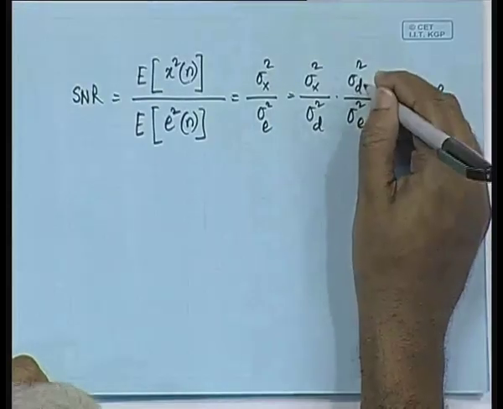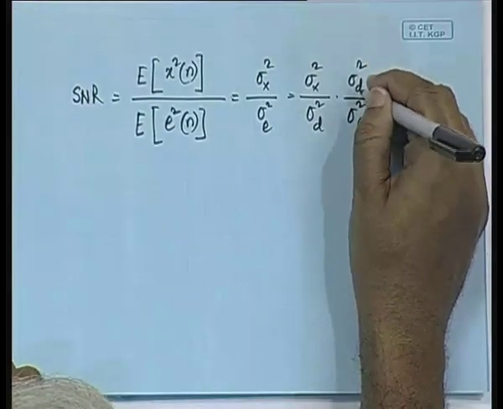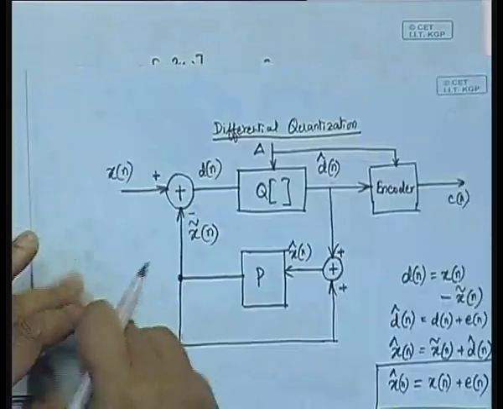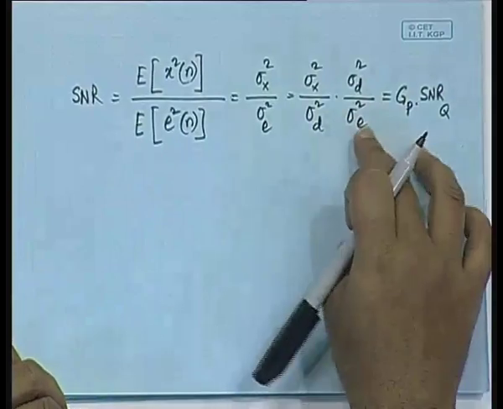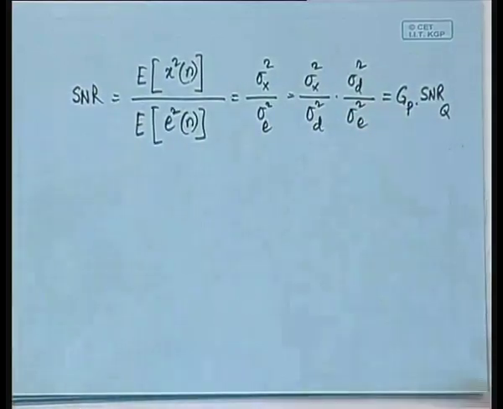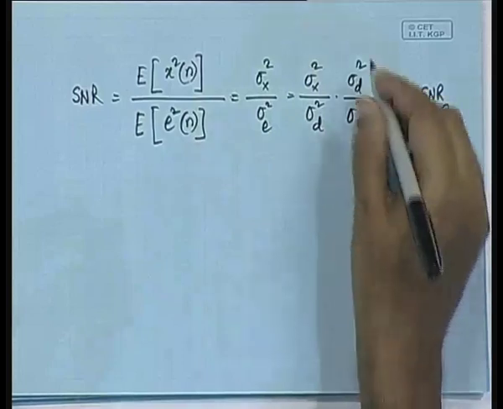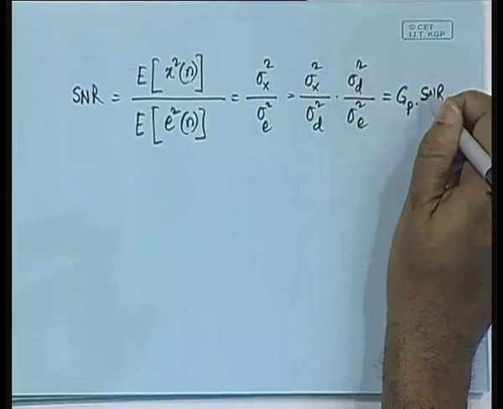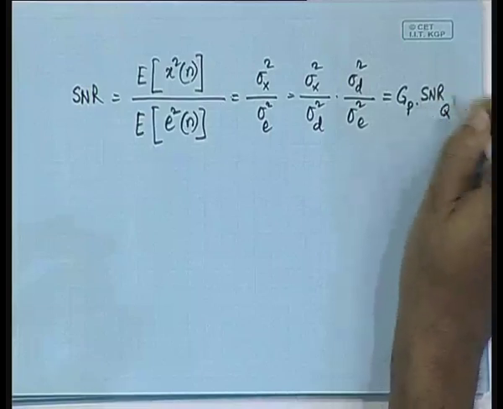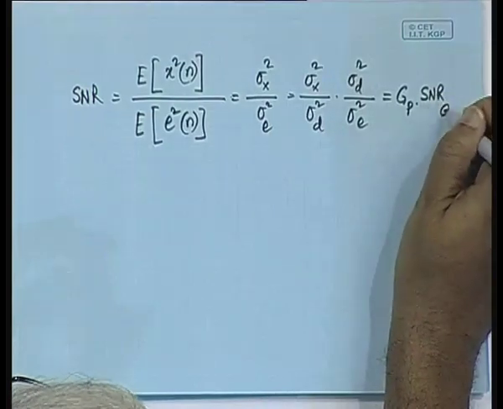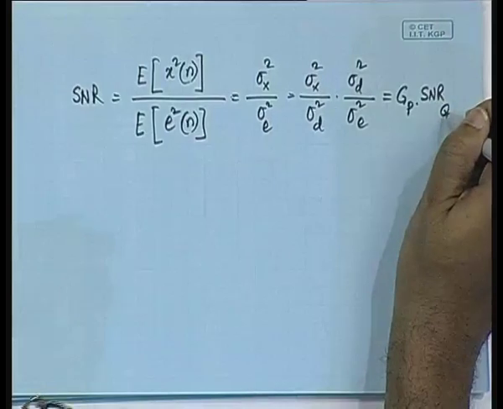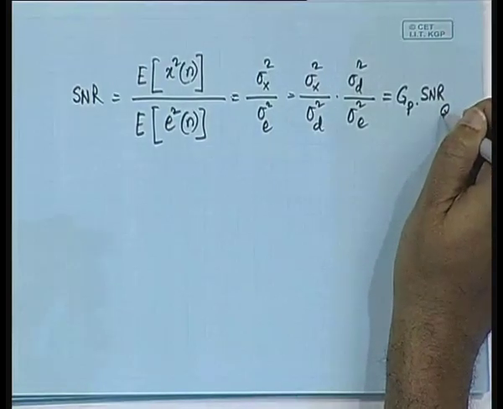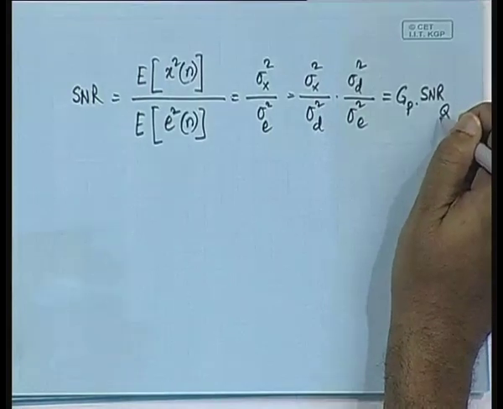So you see that sigma square d is the signal to this, and sigma square e is the noise corresponding to this block diagram. So sigma square d upon sigma square e is the quantization SNR. We are calling this SNR with a suffix q, indicating that it is the signal to noise ratio due to quantization.